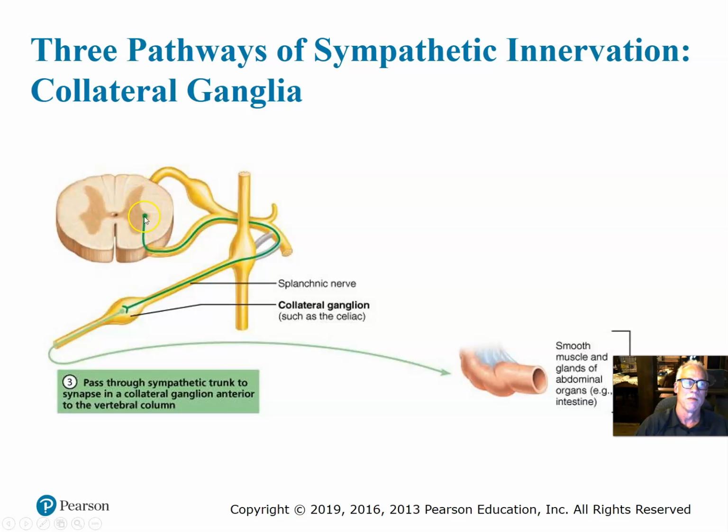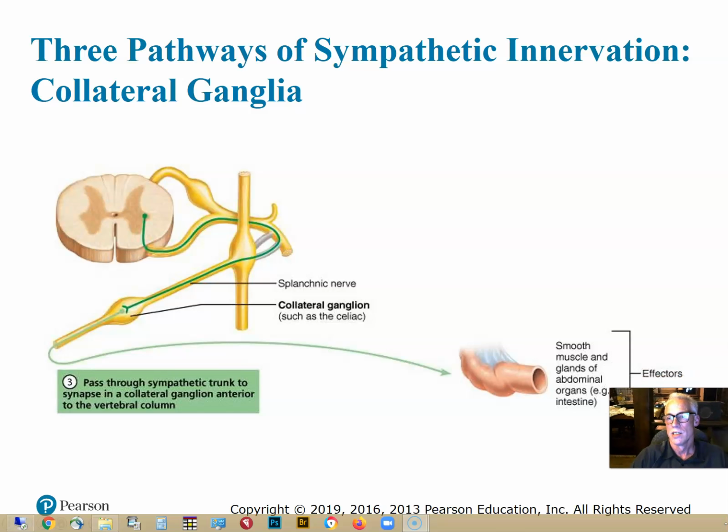And finally, some of the sympathetic preganglionic neurons enter into the spinal nerve, branch to the white rami communicans, and then skip the chain and synapse at a collateral ganglion, another ganglion in the abdominal cavity. So there are some other ganglia besides the chain, just so you're aware of them.